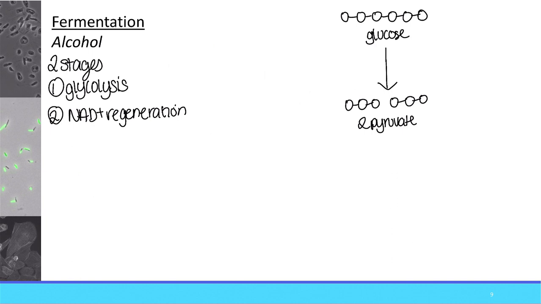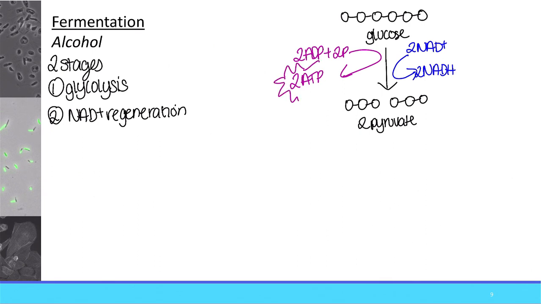In the process of making those 2 pyruvate, we take 2 NAD+, and they are reduced and we make 2 NADH. Stick a 2 in there. And we also get a net of 2 ATP. So let's go ahead and draw in our 2 ATP.